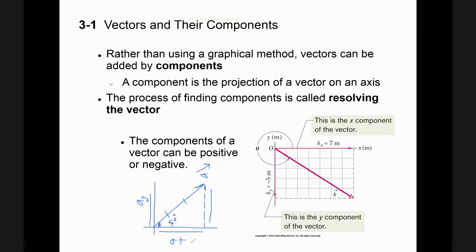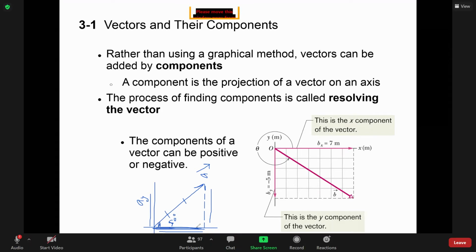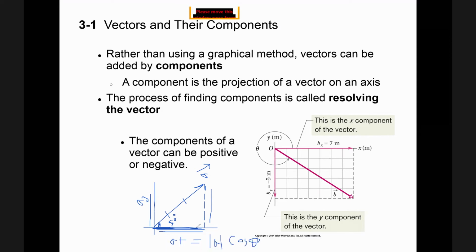We said we can know ax by saying it's the length of A, which is the hypotenuse, times cosine 50. How did I know cosine 50? What is this? This is the adjacent, right? This piece of the triangle, I was describing it according to the cosine, because it is the adjacent.